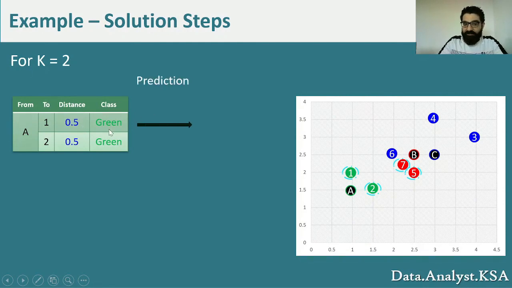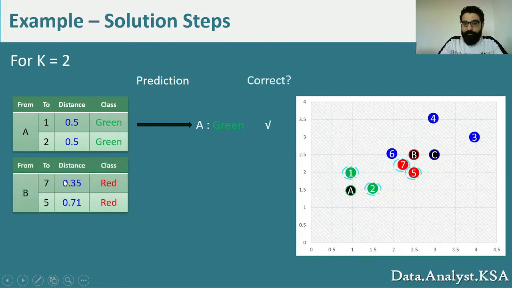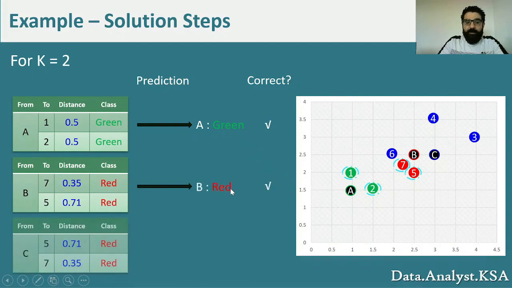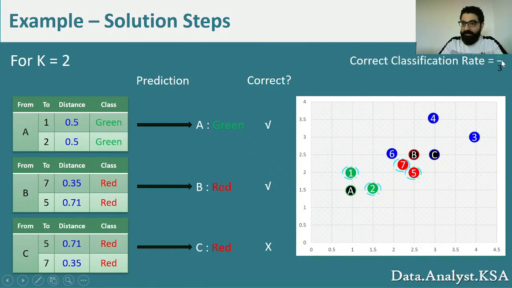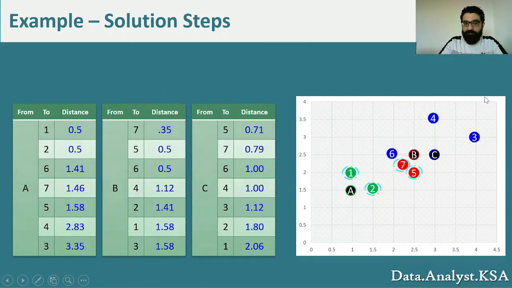So for point A, the 2 of them are green, so our prediction is green and it is correct. For B, the 2 closest neighbors are red, so our prediction is that it's red and it's correct. For C, again, we are making a mistake in the prediction and it's a wrong prediction because it's predicting red. So again, our correct classification rate for k equal 2 is 2 out of 3.